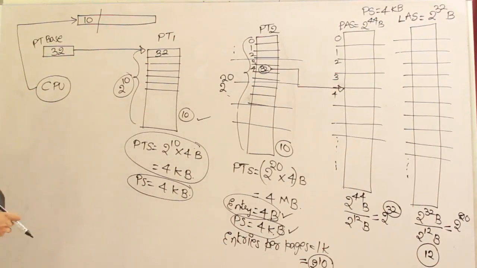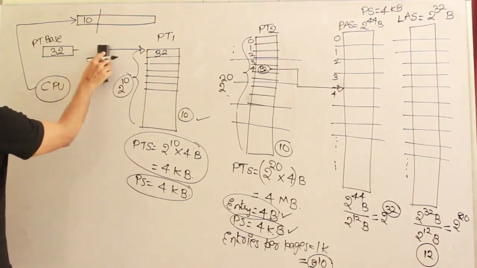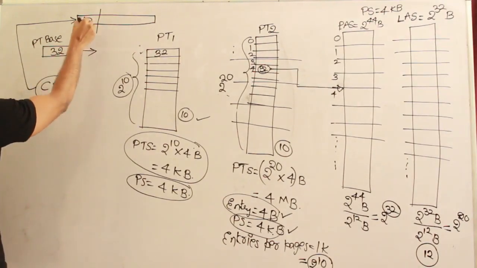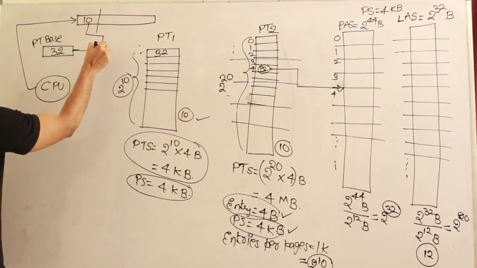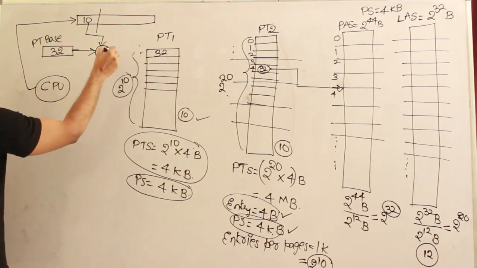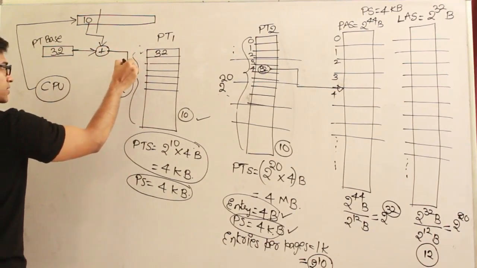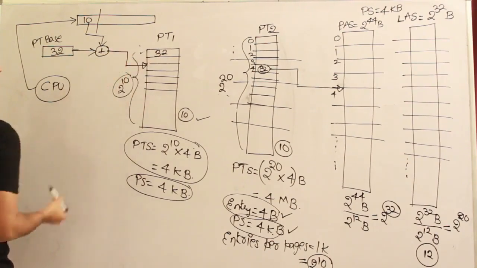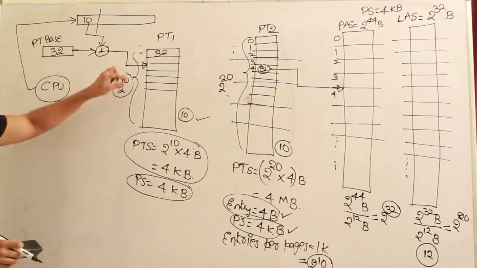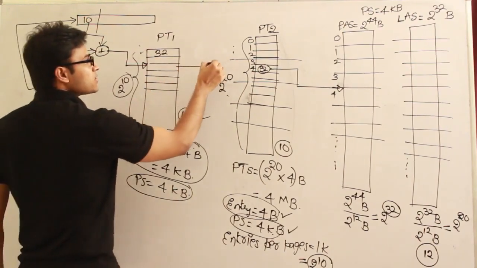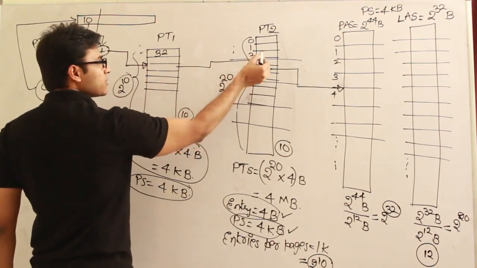What I mean to say is, I'll take this page table base and append these 10 bits, some kind of addition. Then I'll go into the particular page table entry which I want to refer, right? And now this particular page table entry will point to one of the pages of the inner page table, isn't it?